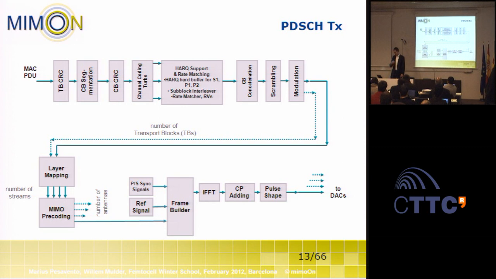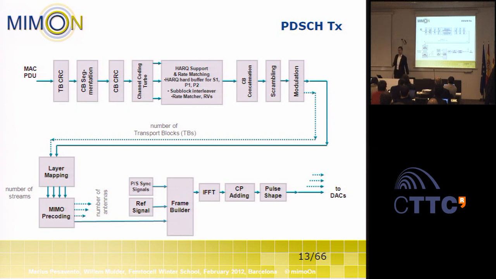So we are reducing the rate to 1/3, introducing redundancy, and this then enters the HARQ or rate matching buffer, which is a cyclic buffer where interleaved versions of the systematic and the parity bits are written. Not all these bits are transmitted. Actually, rate matching is performed, so only a portion of this total buffer is transmitted at each time.